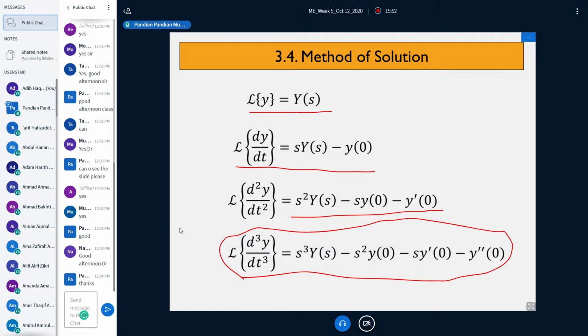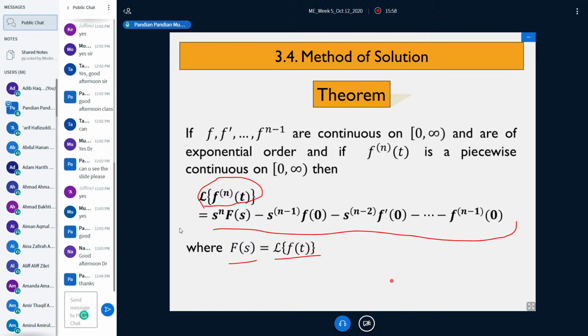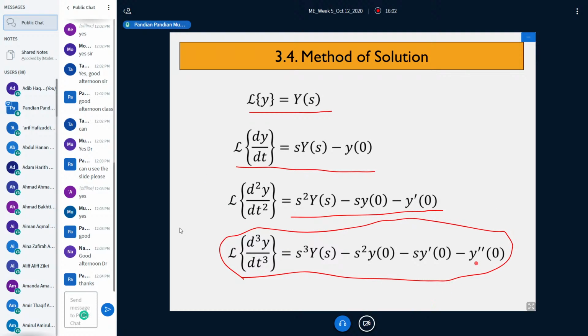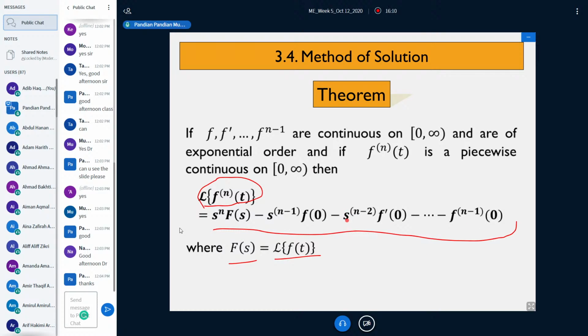So you have f double dash 0, the last one. After f dash 0, you have f double dash, because this is s power 0. N is 3.